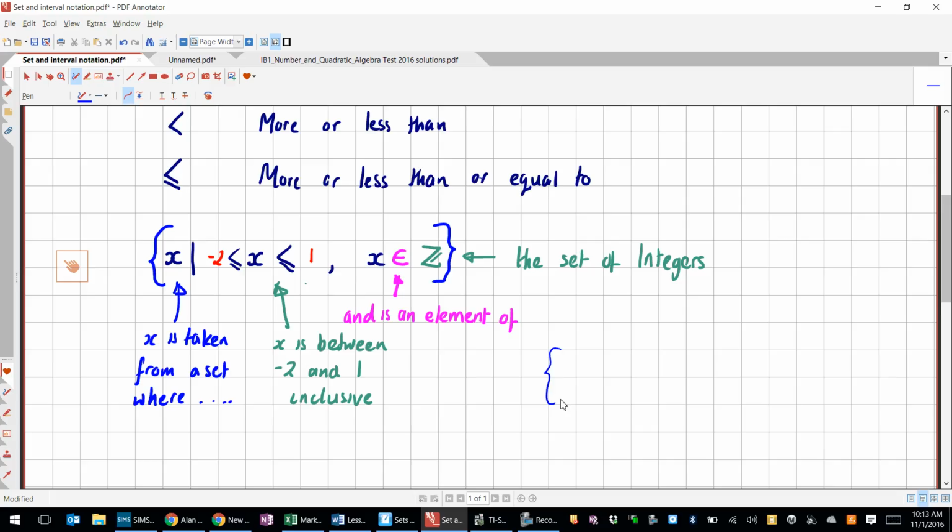So what's the first whole number I could use? -2. So in my squiggly brackets I could put -2. The next one would be -1, 0, 1, 2. Is that right? No, because it has to stop at 1.